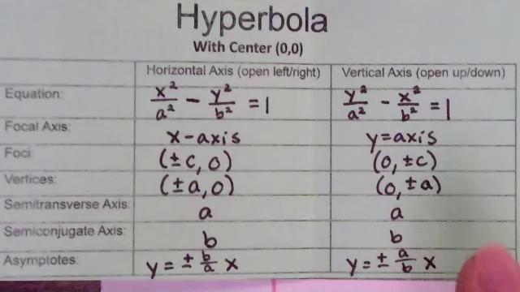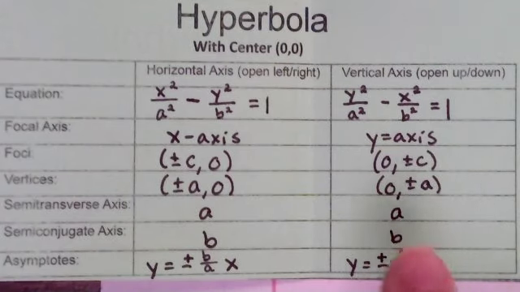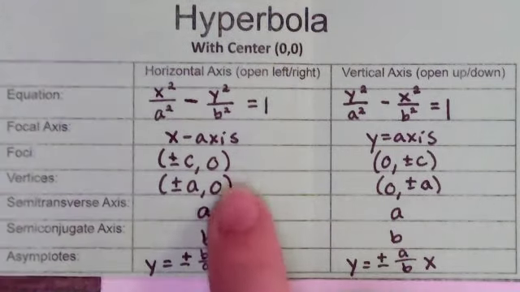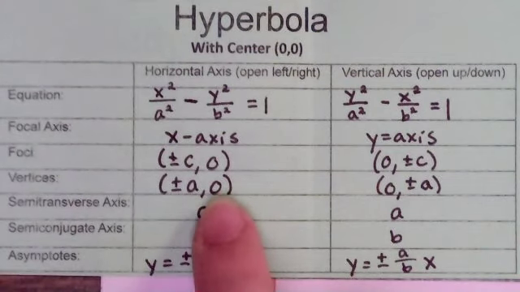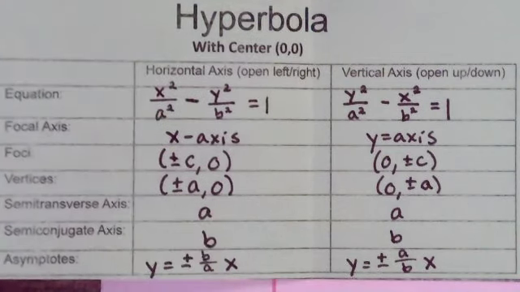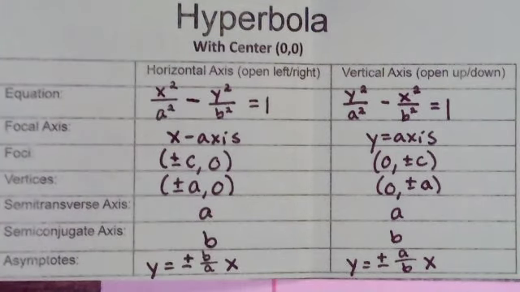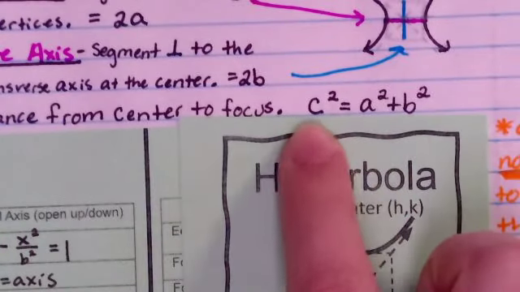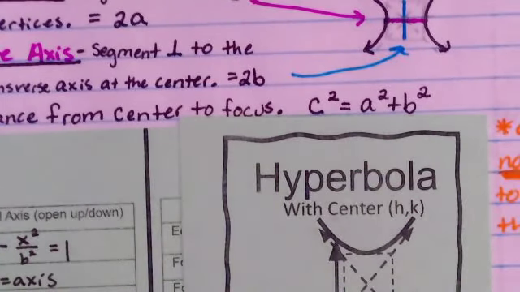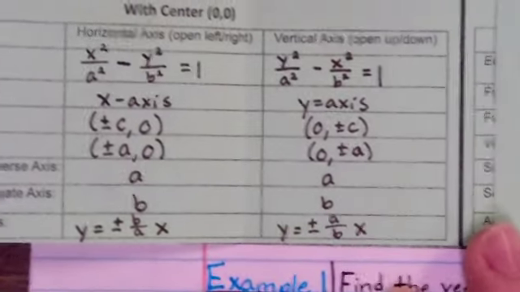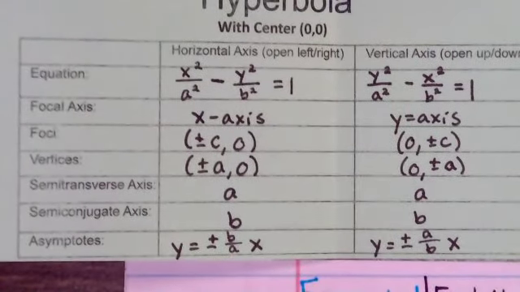They're the exact same ones for the foci and the vertices, the exact same pattern. It's just that your C and your A have a slightly different relationship. So you'll end up seeing C is always going to be more than A. But you still have that same pattern. As long as you have C, you can get your foci. As long as you have A, you can get your foci.